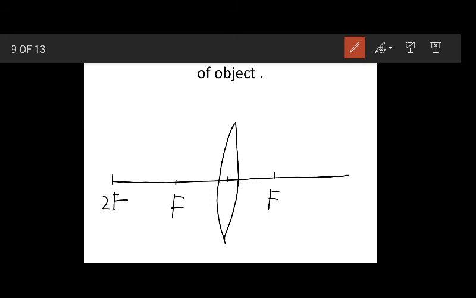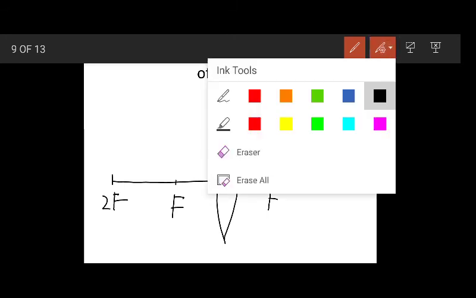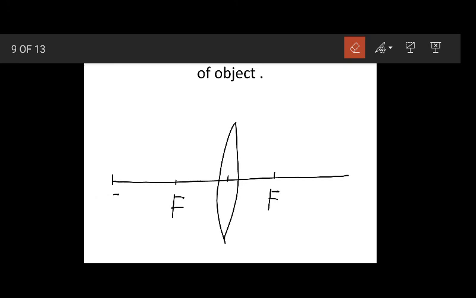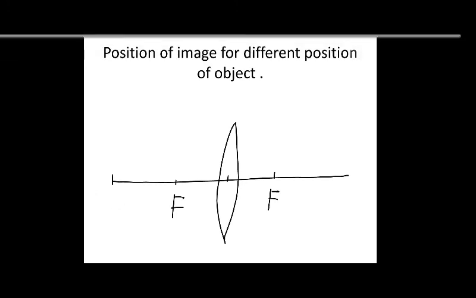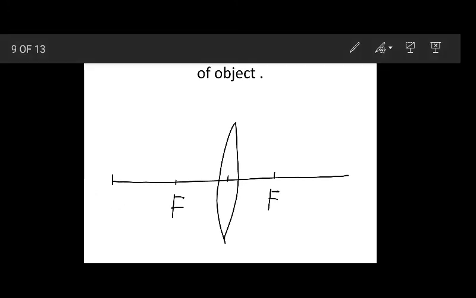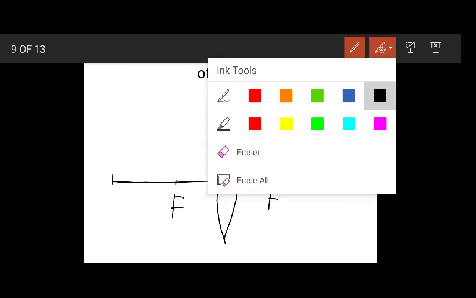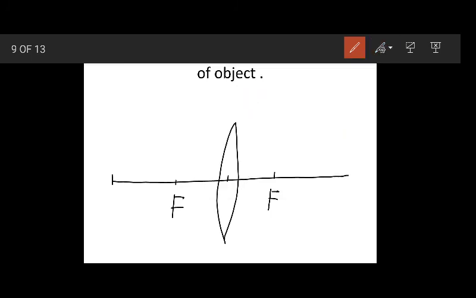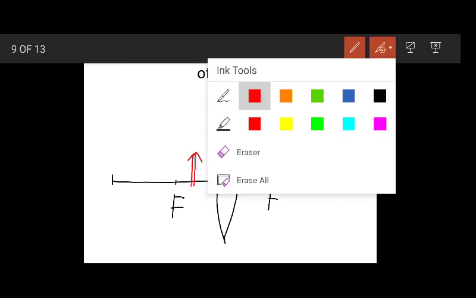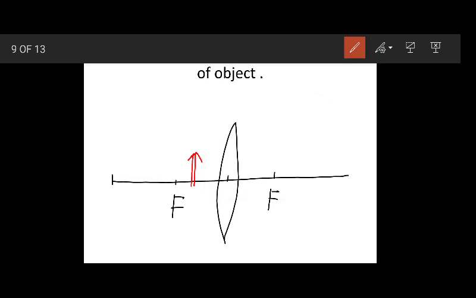We need not mention 2f here. When you place the object between focal length and optical center, then a virtual image is formed.